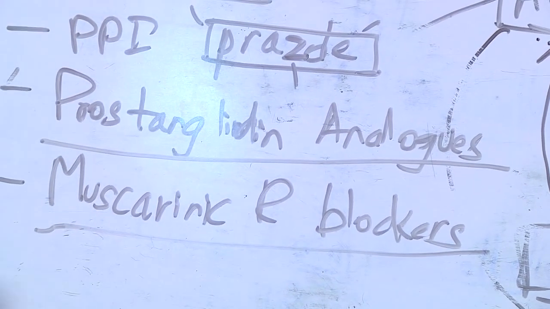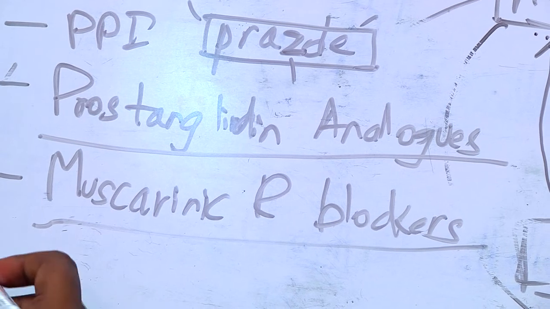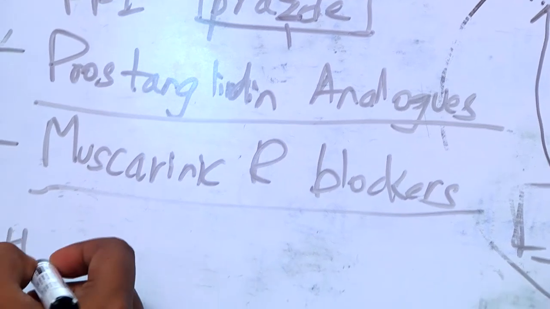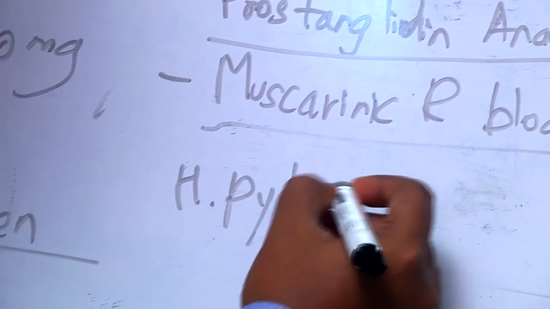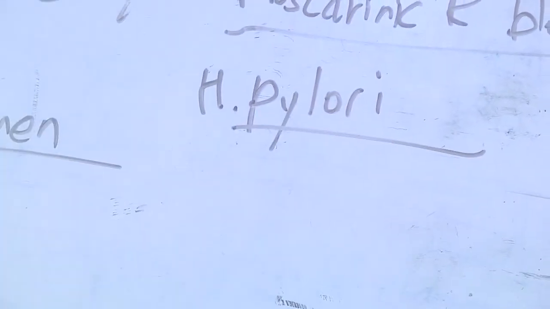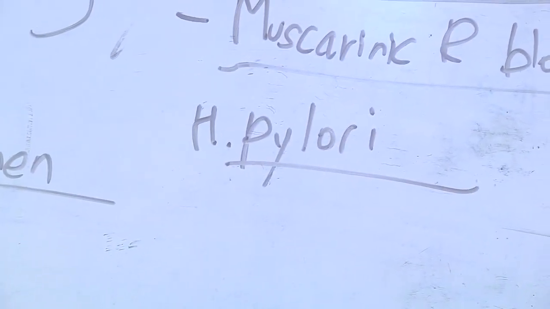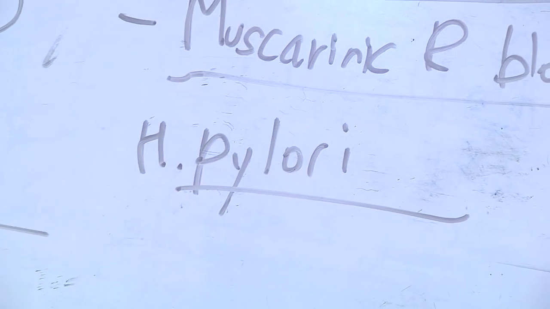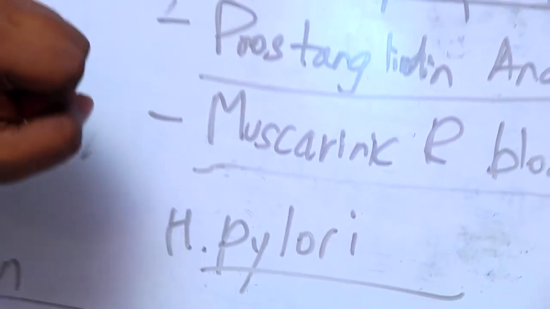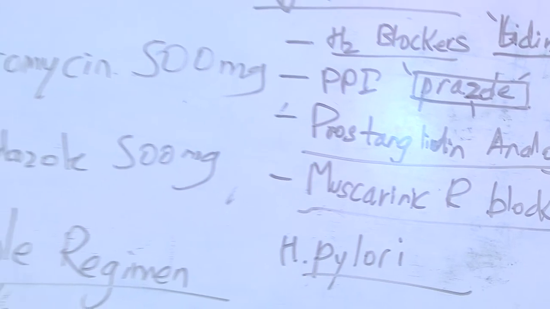So apart from these drugs, you have the drugs which are used in the treatment of Helicobacter pylori. And the entire regimen, like I said, you have 2 regimens, the triple regimen and quadruple regimen. With all these methods, you can control peptic ulcer to an extent wherein the patient does not experience any symptoms.